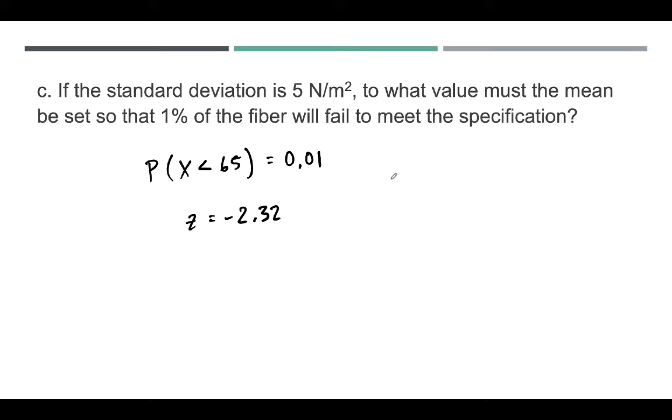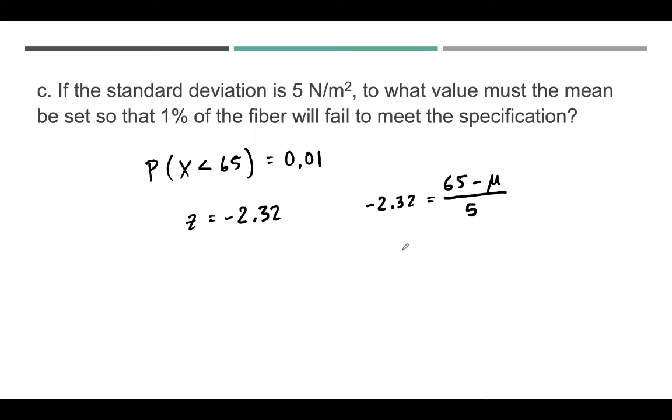And now back to our formula. What's changed now is that we don't know what the mean is. So the mean is going to be our variable, but we do have a standard deviation. So z is this: our minimum spec is still 65, but mean is going to change, and standard deviation is 5. I didn't write it out here, but you should have seen this equation over and over again: z equals x minus mu over sigma.